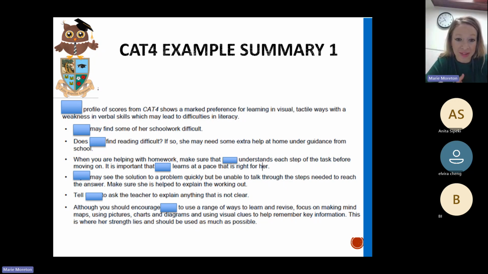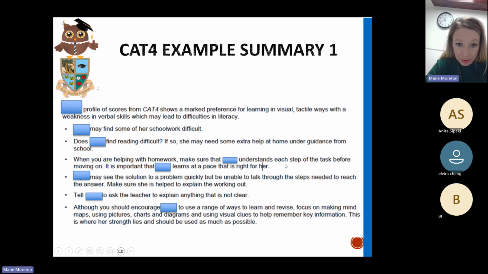So again, because there is a spatial bias, you should encourage them to use maps, pictures, charts, diagrams, basically pictures and clues and sequences that will help them to remember information and to sequence information. Getting them to discuss information is not going to be as helpful. So it gives you some strategies that are going to help your particular child to learn better.